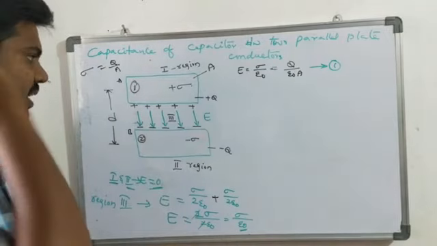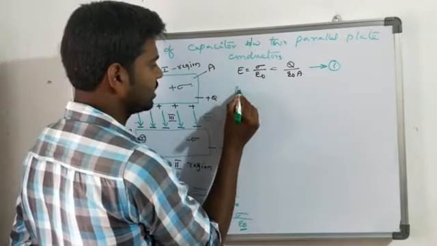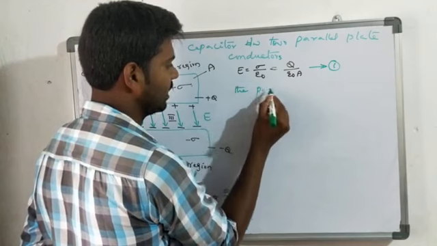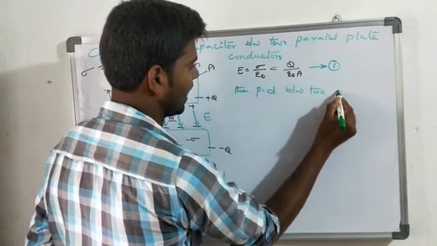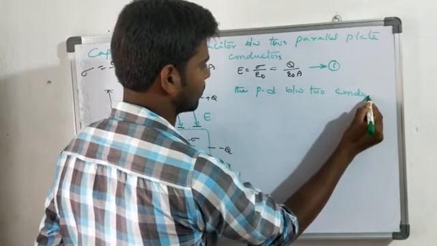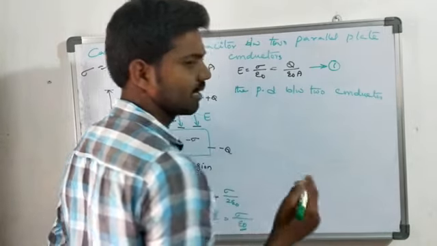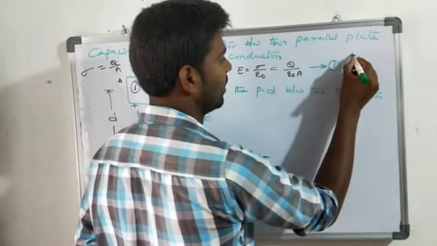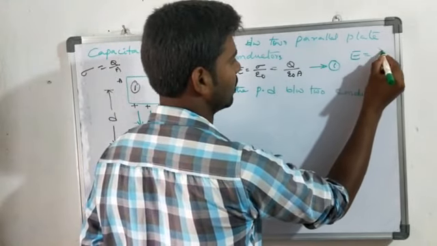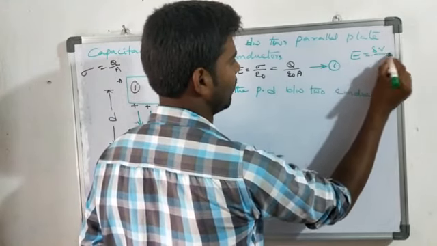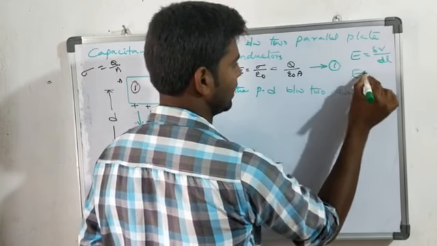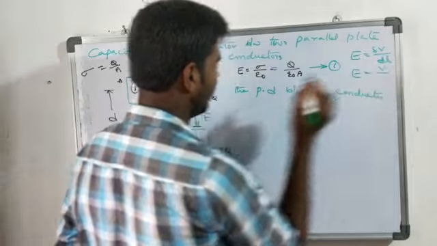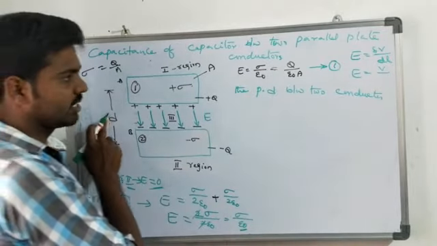Now the potential difference between two parallel plate conductors, according to the relation, is E equal to delta V by delta L. That is E is equal to V by D, where D is the separation distance, no?